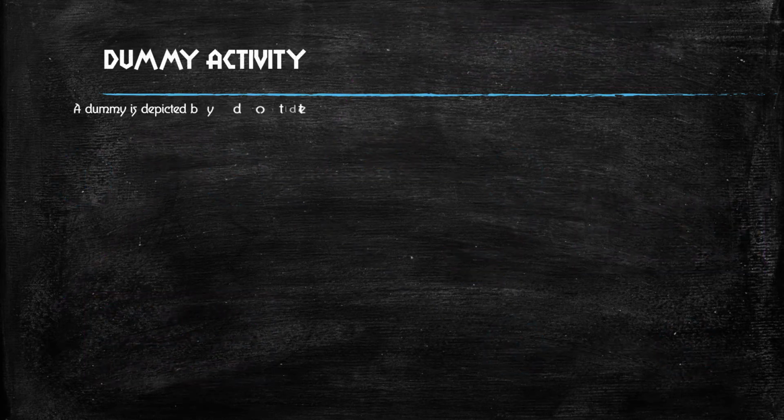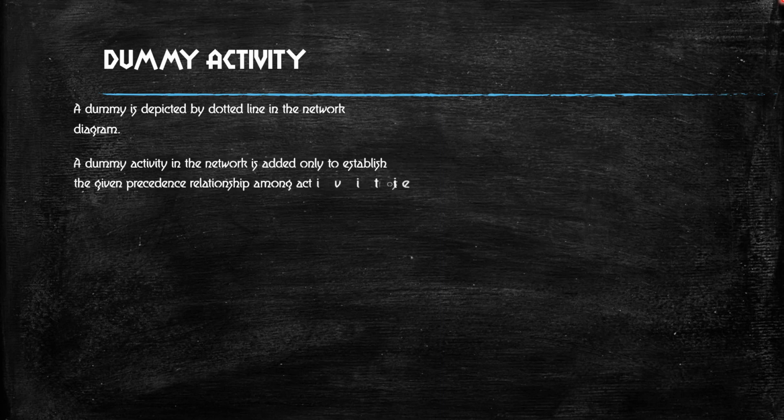A dummy activity is represented by a dotted line in the network diagrams. So the dummy is shown differently by drawing a dotted line. A dummy activity in the network diagram is added only to establish the given precedence relationship among the activities of the project.